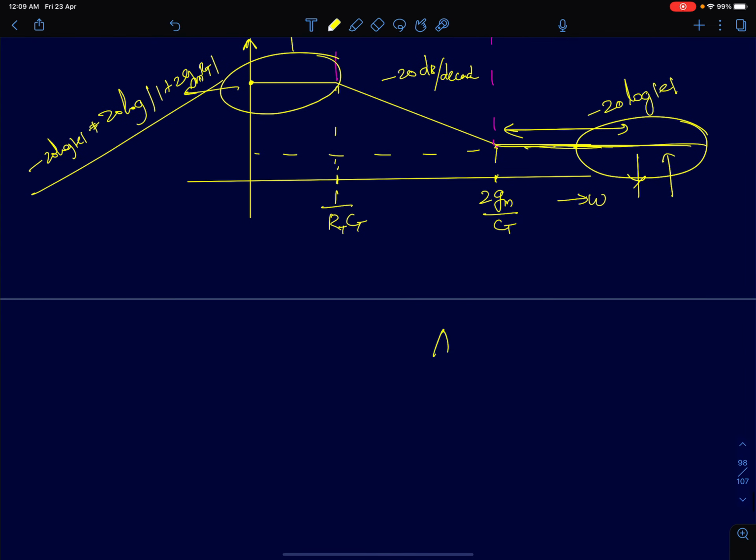So you can directly see CMRR depends on ADM by ACM. For CMRR to decrease, either ADM should decrease or ACM should increase. Both these possibilities will lead to a decreased CMRR.